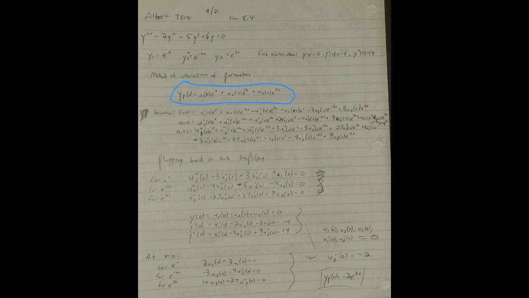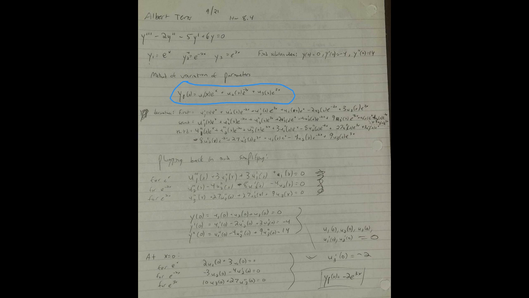Then when we look at the three points that we had, y of 0, y prime of 0, and y double prime of 0, equaling 0, minus 4, and 14, and we make x equal 0 in e to the x, e to the minus 2x, and e to the 3x, that's what I got simplified down to.